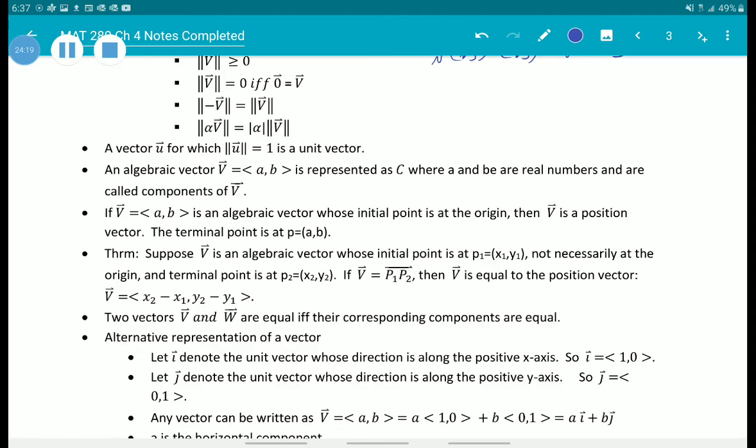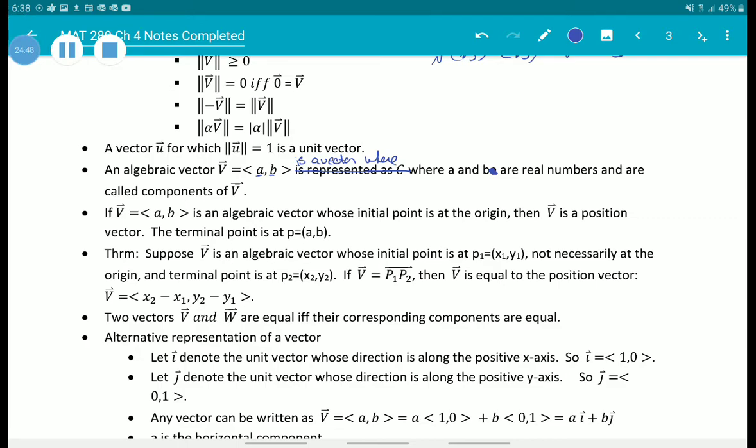Let me correct that. That sentence didn't make any sense at all. So an algebraic vector is a vector where a and b are the components. So a and b are real numbers and are called components of v. So we're talking about these values in here. And like I said, that's called the component form of a vector.